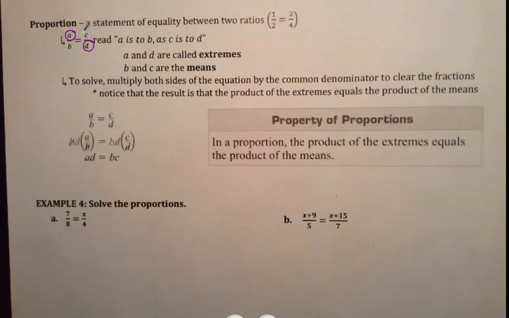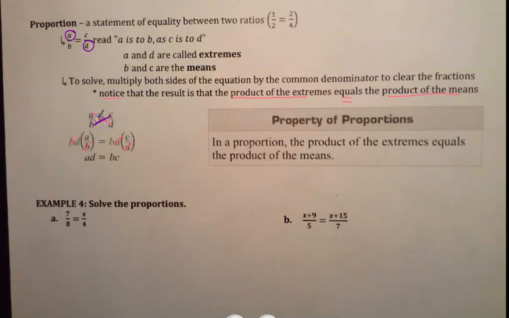To solve a proportion, which you've probably done, we multiply both sides of the equation by the common denominator to clear the fractions. So here they multiplied by BD on both sides. Here the B's canceled, and we're left with A times D. Here the D canceled, and we're left with B times C. Notice the result is the product of the extremes, A and D, equals the product of the means.